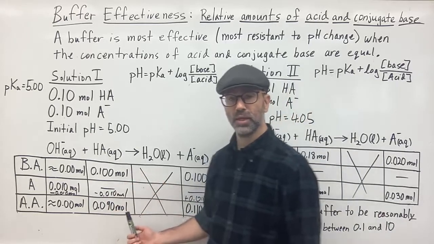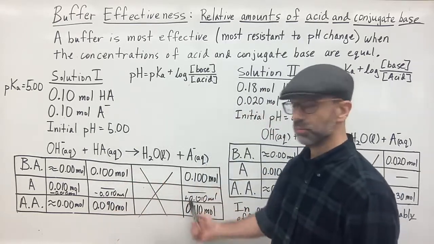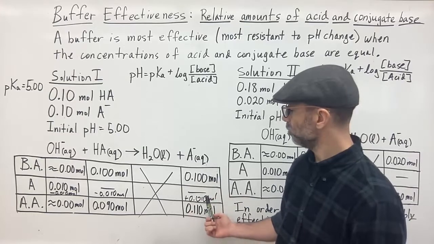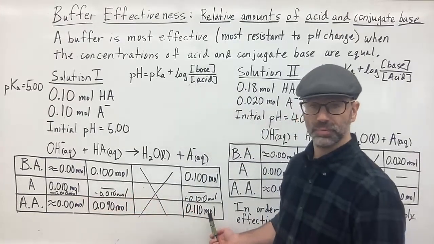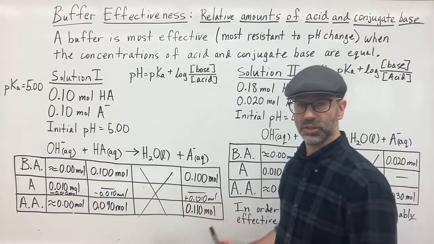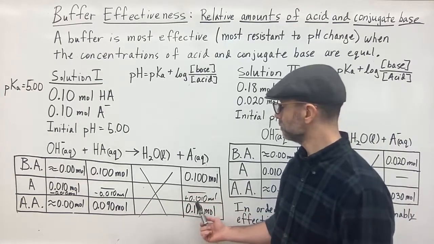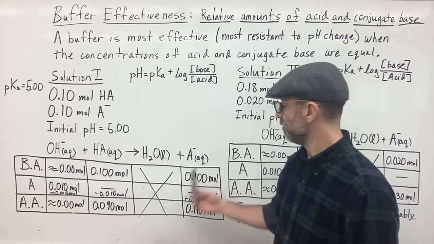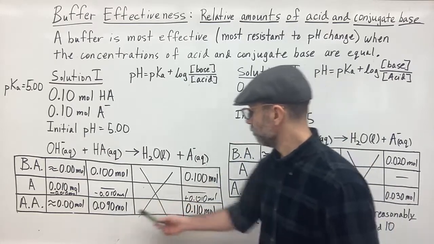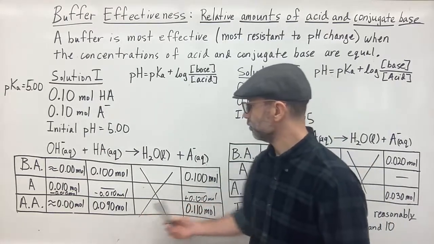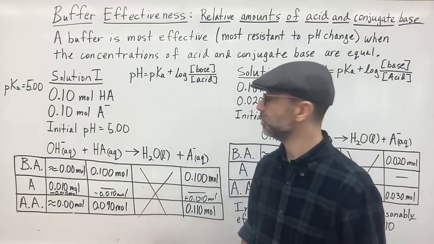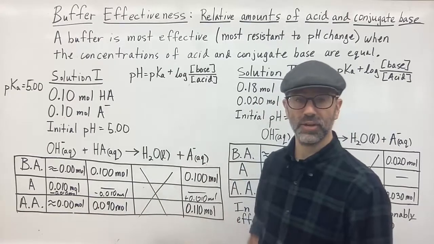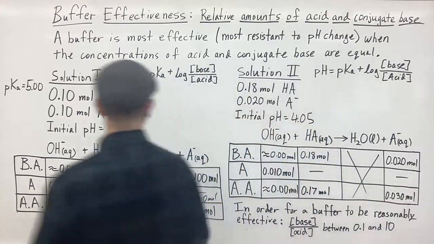This table doesn't work unless it's in moles; it's a lot easier to do this in moles, so not concentrations. Don't use concentrations for this table. Okay, so now that we have our final moles after the reaction of the added base, we can do our equilibrium problem. We're going to go to our Henderson-Hasselbalch equation and work on that.